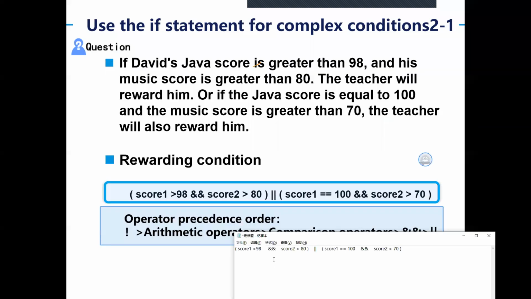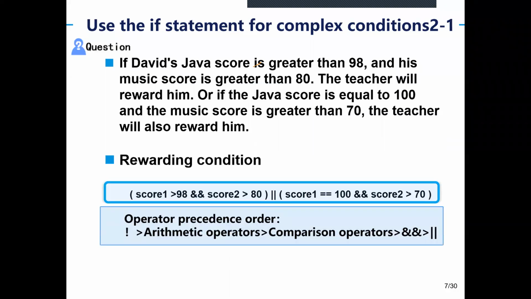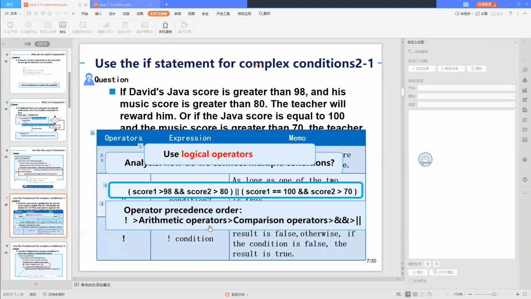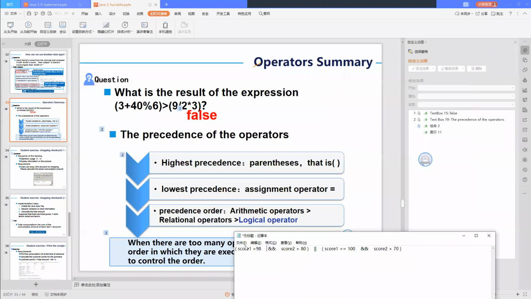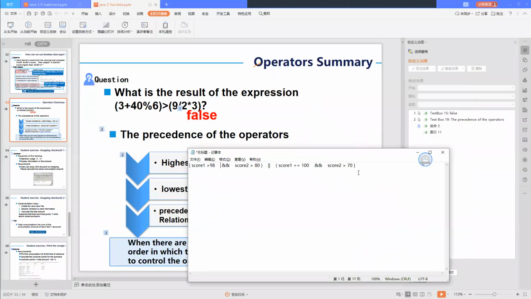Here's a tip for this complex expression. If you don't know the precedence order, you can use parentheses to control the execution order. See this sentence. When there are too many operators to determine the order in which they are executed, you can use parentheses to control the order. In fact, this expression can be written like this.